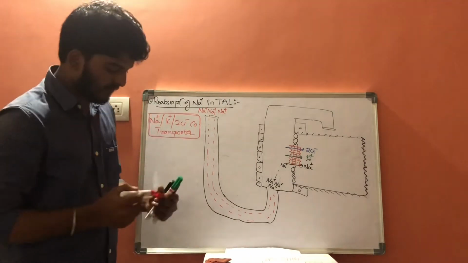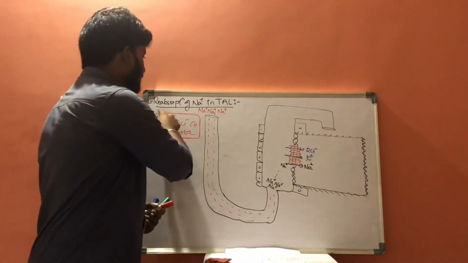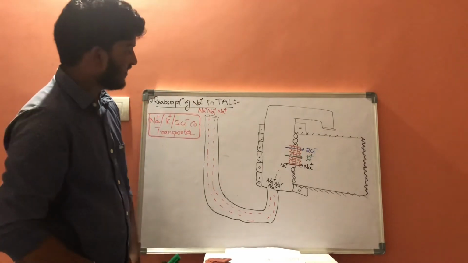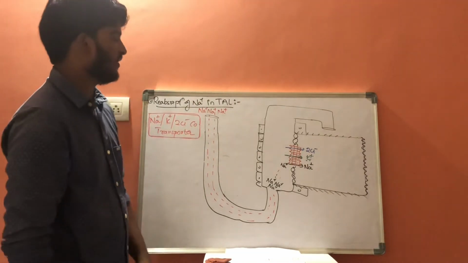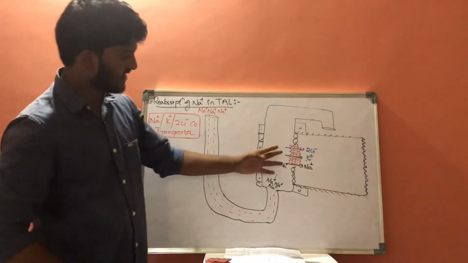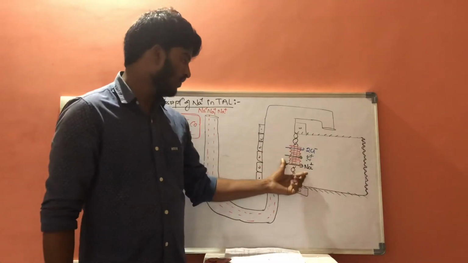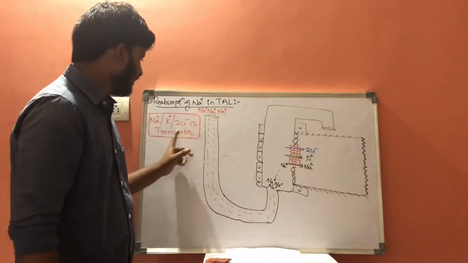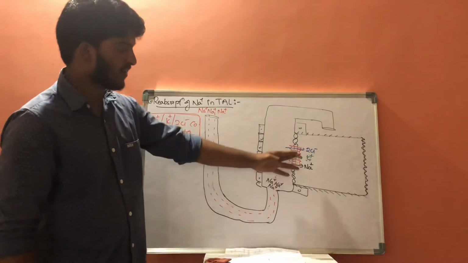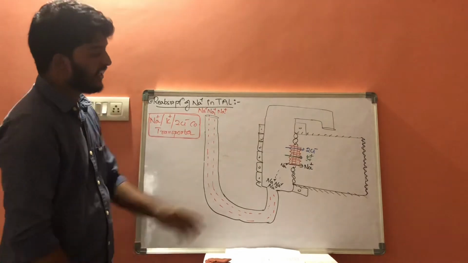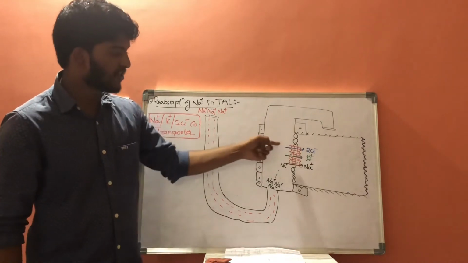This is the enzyme which plays a key role in the reabsorption of sodium in the thick ascending loop of Henle. So this is the enzyme called sodium potassium 2 chloride cotransporter. It will take sodium, potassium and chloride.